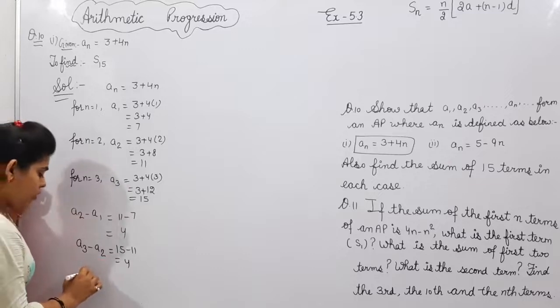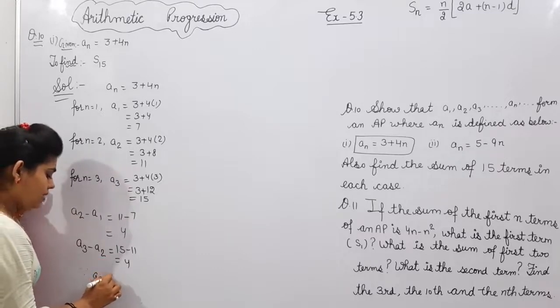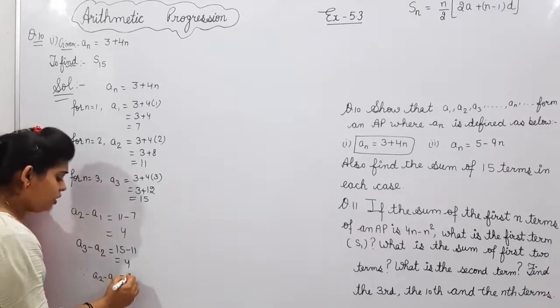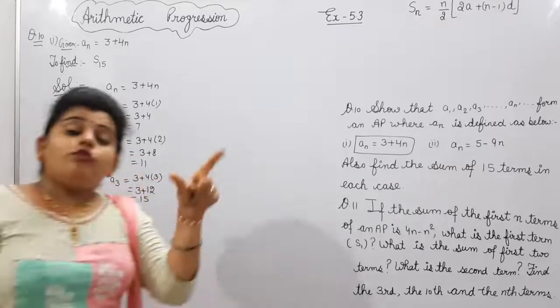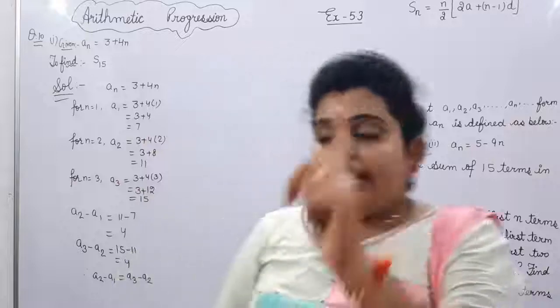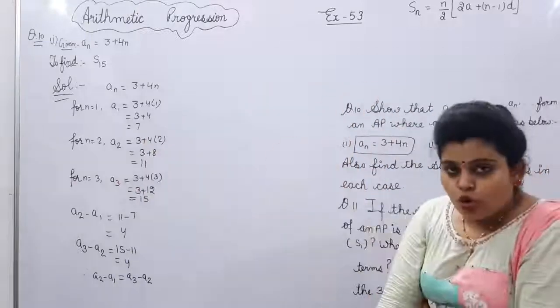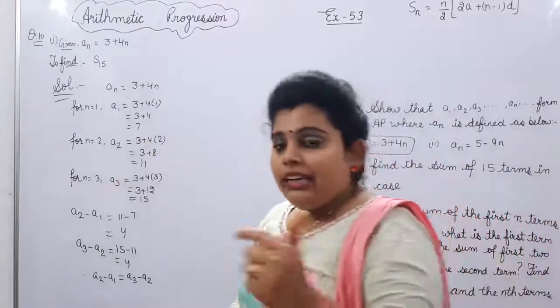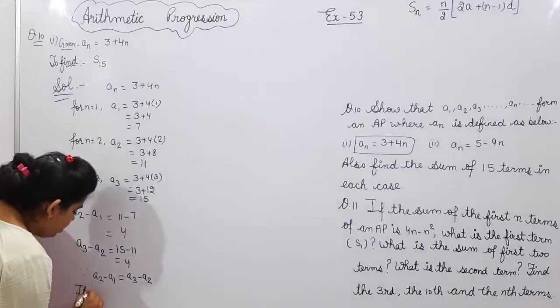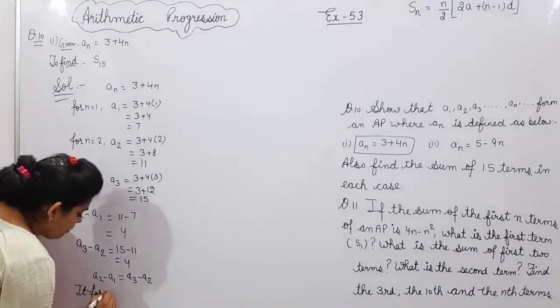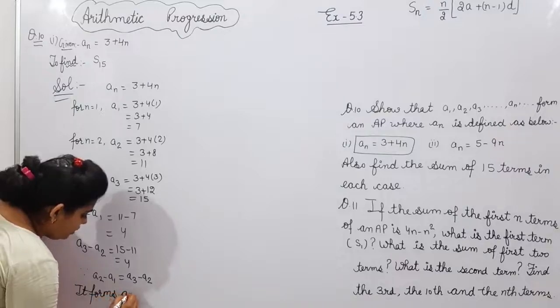What we will write: because a2 minus a1 is equal to a3 minus a2, because the difference of two consecutive terms is equal to the difference of the next two consecutive terms. It means it is forming an AP. Means we will write it forms an AP.